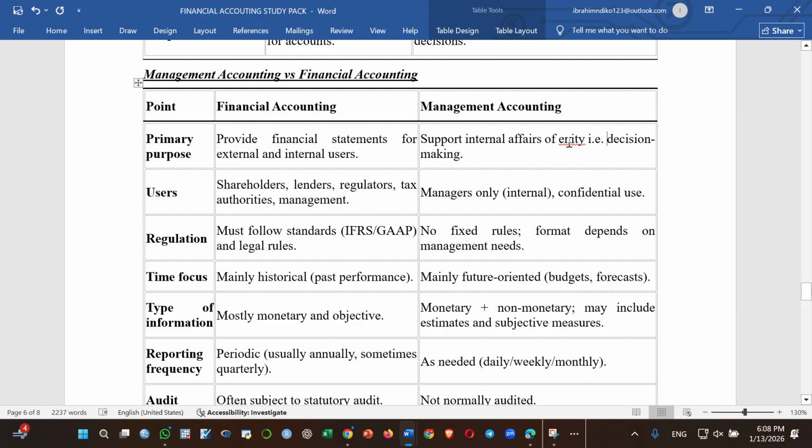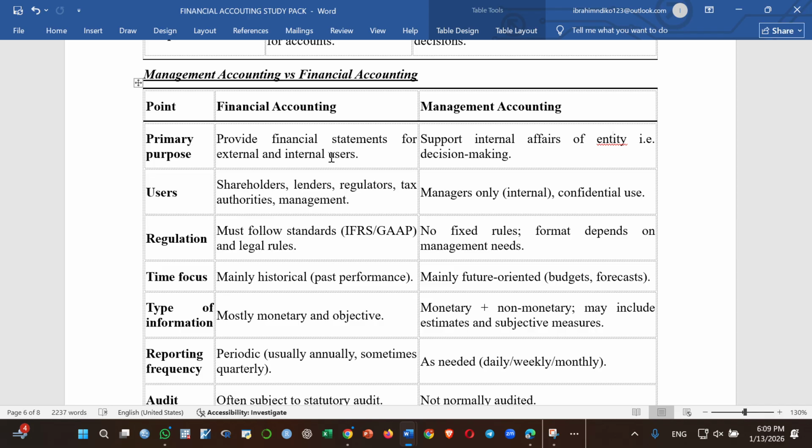So you need to remember that financial accounting provides financial statements for both external and internal users, while management accounting supports the internal affairs of the entity.